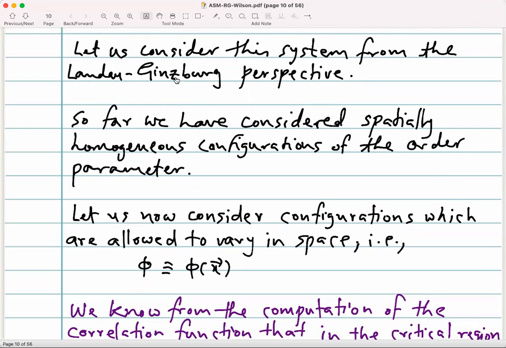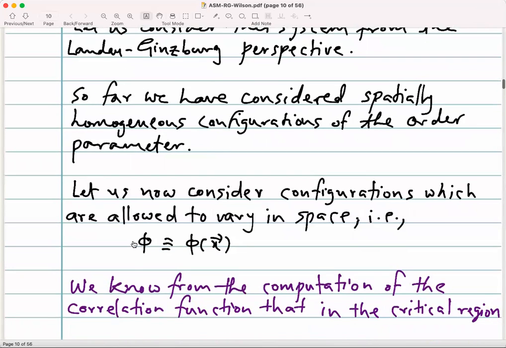So far, when we were studying the Landau-Ginzburg description, we said that the order parameter of the system was spatially homogeneous. We always had our order parameter taking a constant value. But what we could do now is say that the order parameter could vary as a function of space, and so instead of writing phi, we could write phi as a function of x.